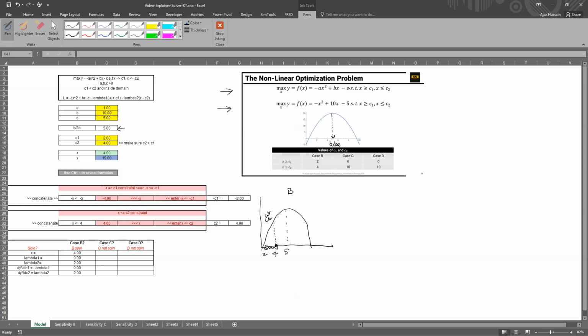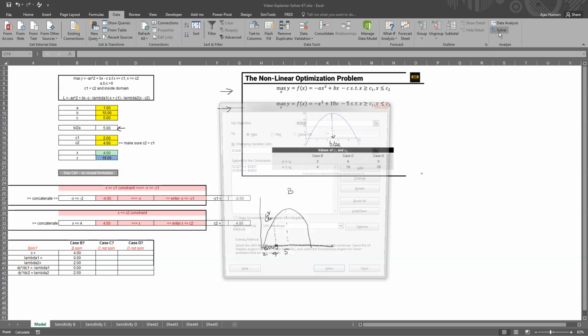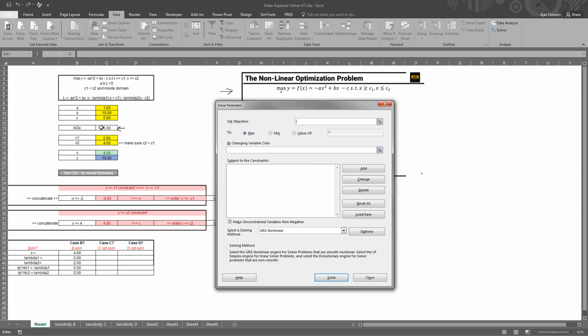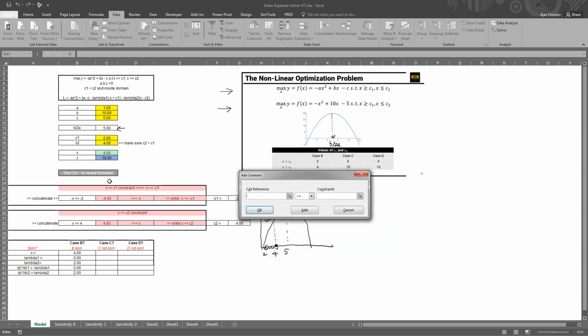So I will bring up Solver. I'm going to reset everything. And now let's start by putting the objective, which is y. The decision variable is x. Now, here's where Excel will not produce Lagrange multipliers: most people would put the constraint on x. Why wouldn't they? Because they know that x must be bigger than or equal to C1, which is right there.